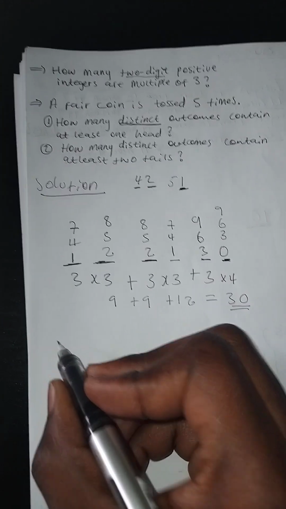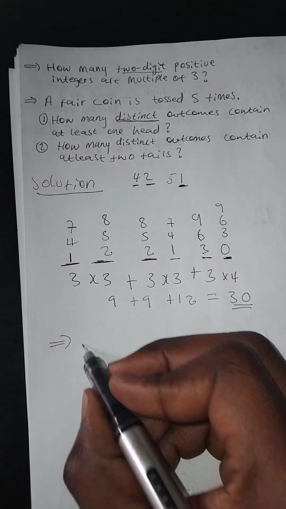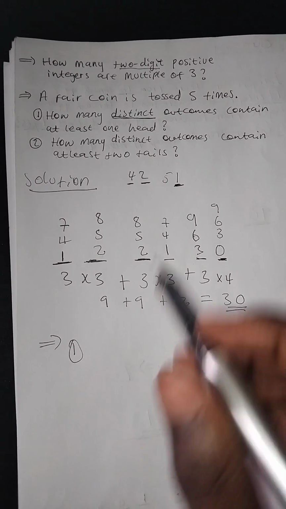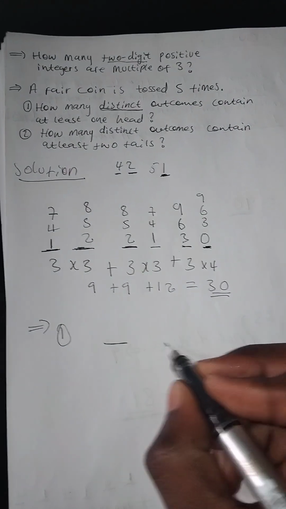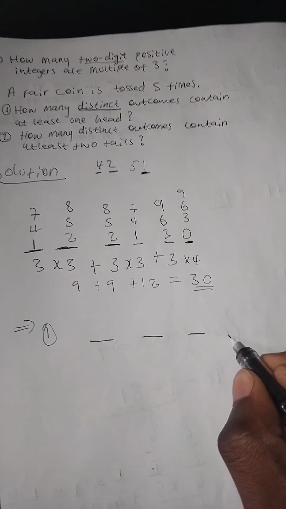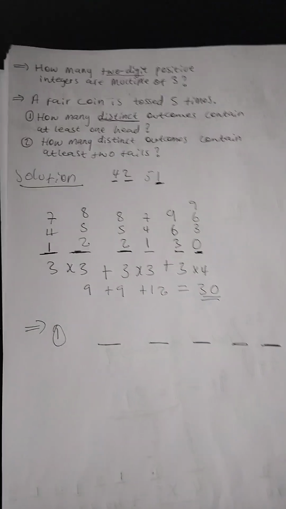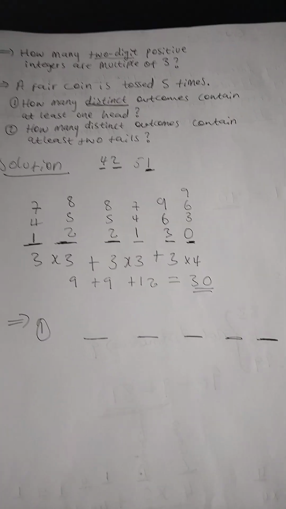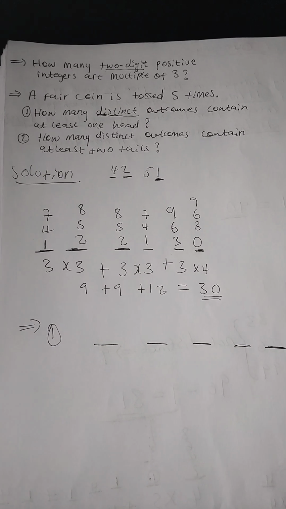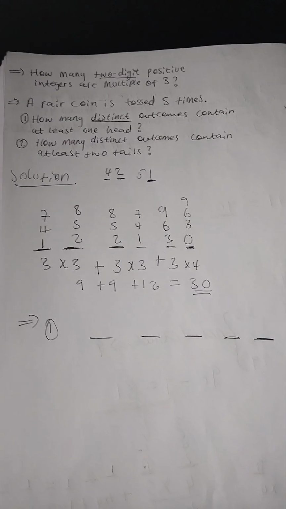So yeah, let us see. To answer that question, I'll say it was tossed 5 times. So it's 1, 2, 3, 4, 5 times, right? If you are tossing a coin, what you have to put at the back of your mind is that before you try to construct a solution, you can think around it this way.